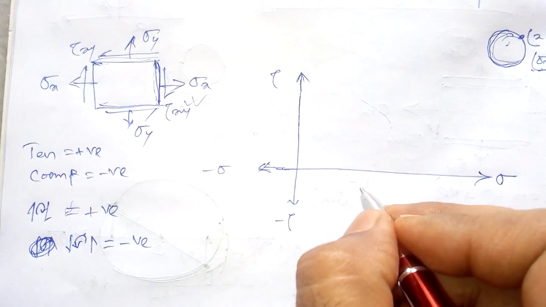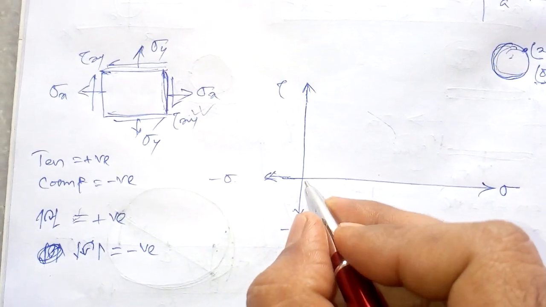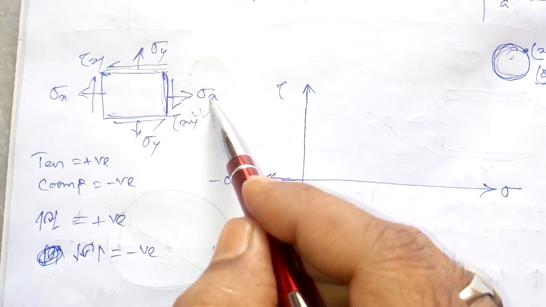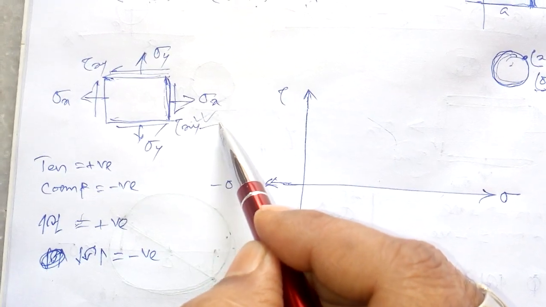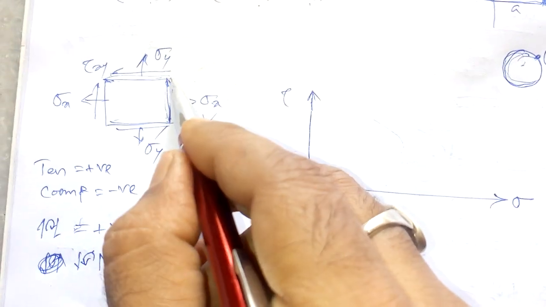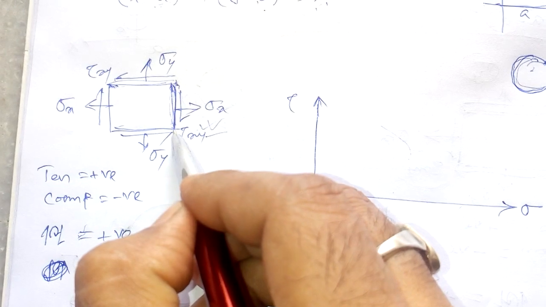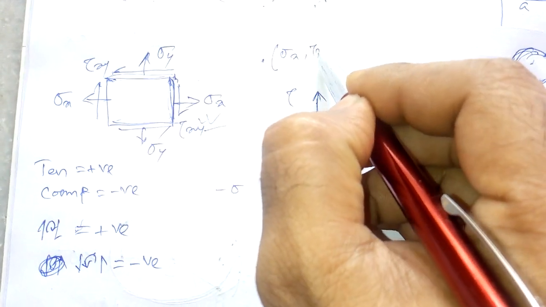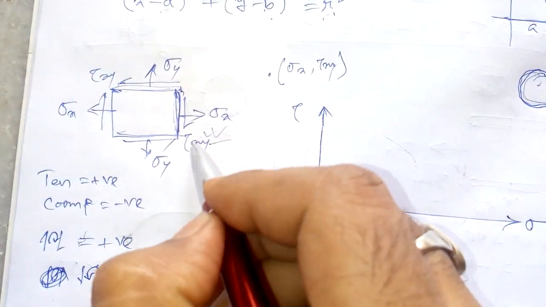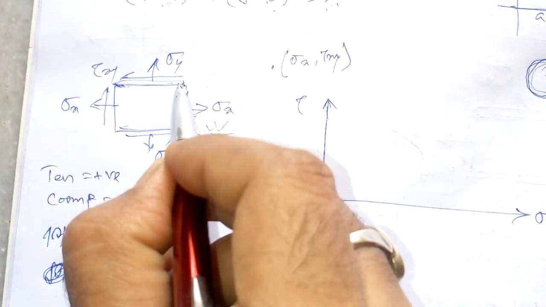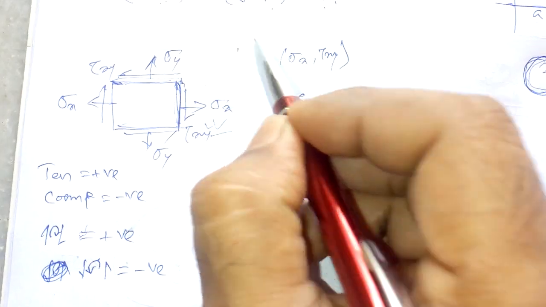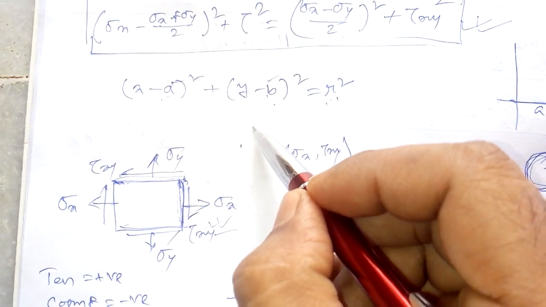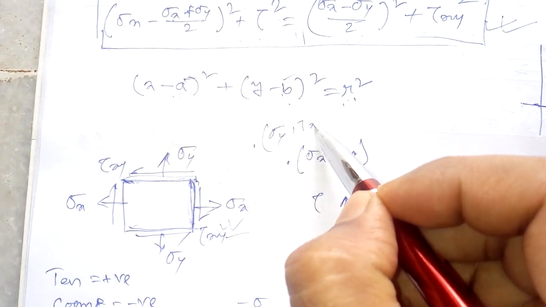To find that, we have to get 2 points. For the vertical plane the point will have the coordinate of sigma x, tau xy, right? And for the horizontal plane, the point which will be giving you the stress condition will have the coordinate of sigma y and tau xy, right?